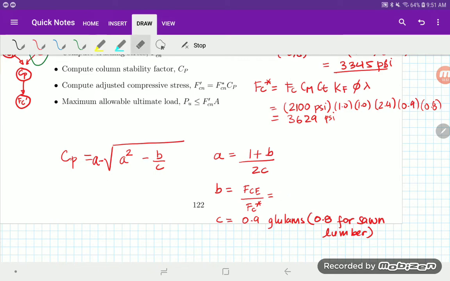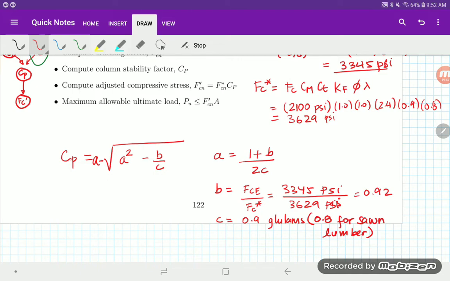So B is 0.92. I'll go back up. This was 3,345 psi, and we had 3,692 psi, and that gives me 0.92.